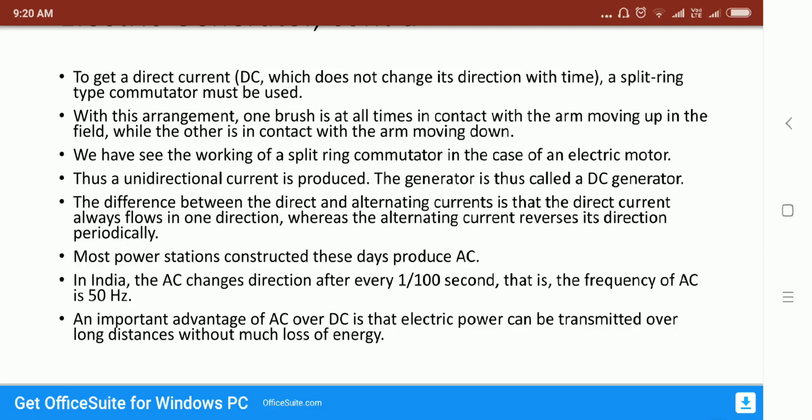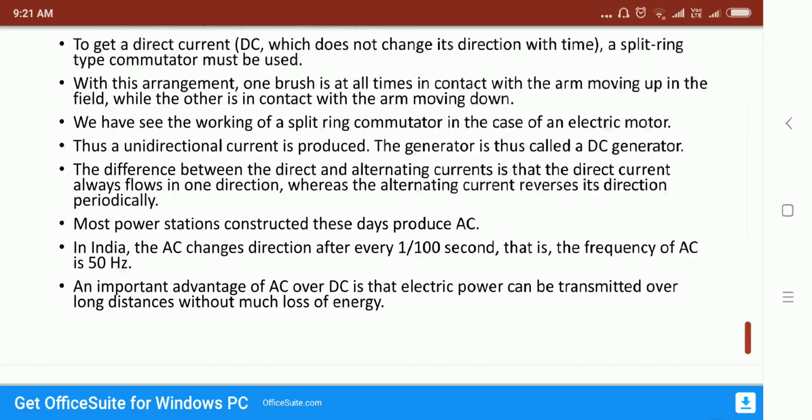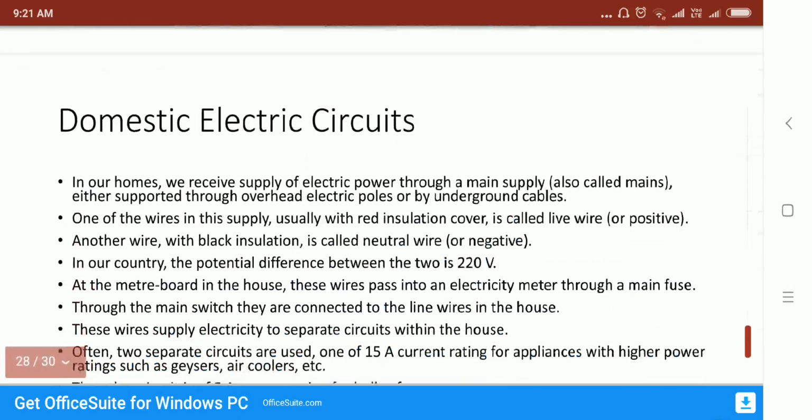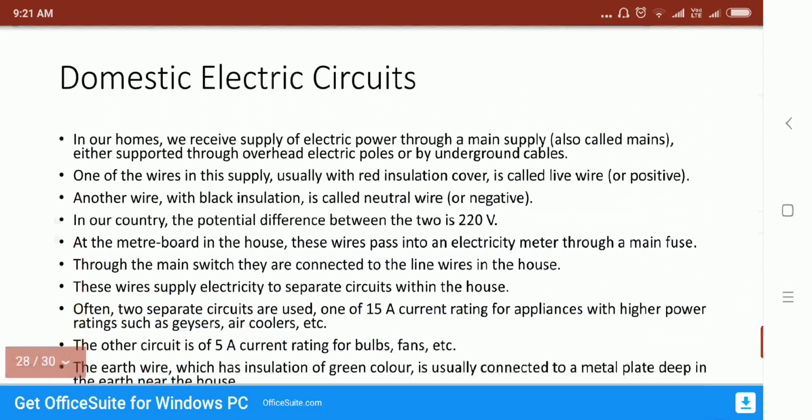And that's why if we purchase any appliance from outside India, then we require a converter, because their device is working with a 60 Hertz frequency. From our mains, we have a 50 Hertz frequency. So these both should be compatible. For this compatibility, we are using a converter. Right? Now, let us go through another topic, domestic electric circuits.